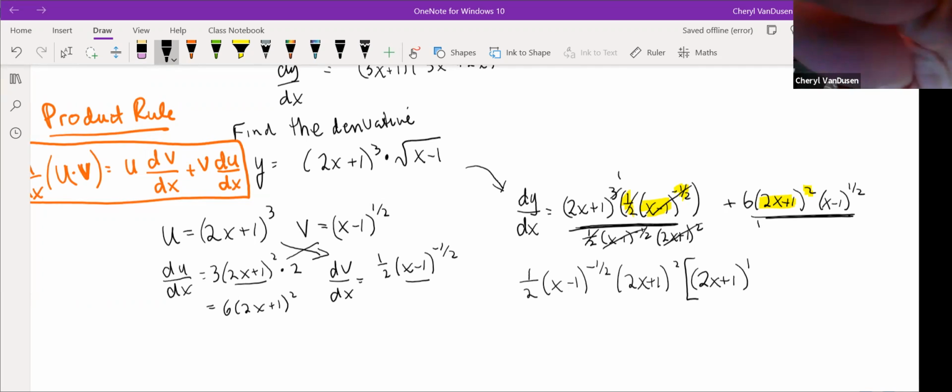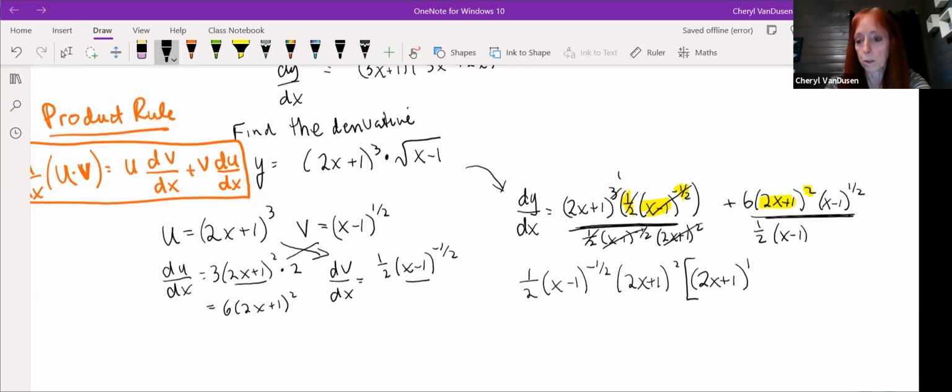Now the next one, we're dividing by 1/2 (x - 1)^(-1/2) and (2x + 1)^2. Okay, so we can see the (2x + 1)^2 cancels. 6 divided by 1/2, careful, 6 divided by 1/2 is like 6 times 2, we get plus 12. And then when we subtract these exponents, let me just circle them with green, 1/2, take away a negative 1/2.